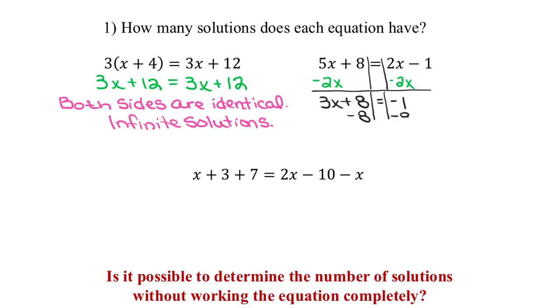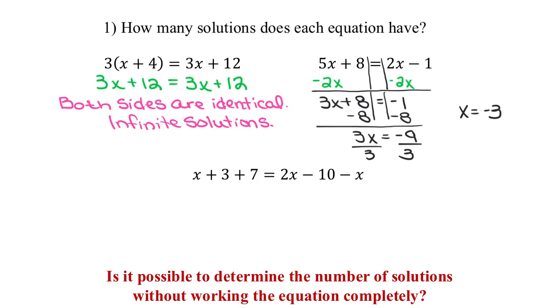Okay, so you worked out your problem. So then minus 8 on that side equals -9. Correct. And then you have to divide by 3 on both sides. That equals x equals -3. So what did that just tell us? It has one solution.